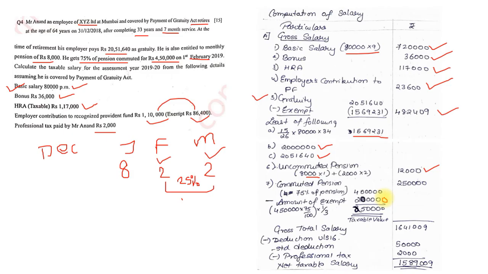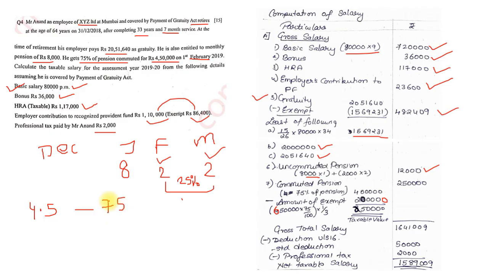Okay, so on the calculator, it's basically like 75% is 4,50,000. So 100% is how much? If you cross multiply, 4.5 lakhs is 75%, so 100 is how much?